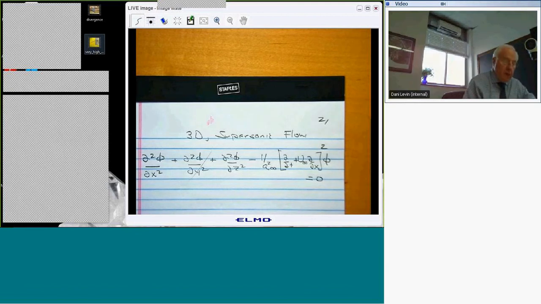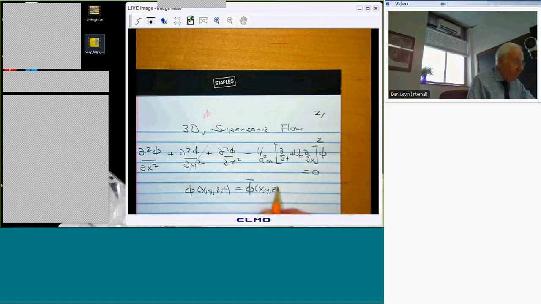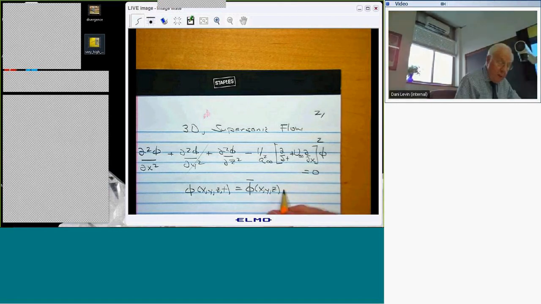Remember that? Well, we can't do this in 3D flow, right, by definition. So we're still going to do what we did before in 2D flow. We're going to take phi, which now depends on x, y, z, and t, and assume it's some function which we hope to determine, x, y, and z, times e to the i omega t.